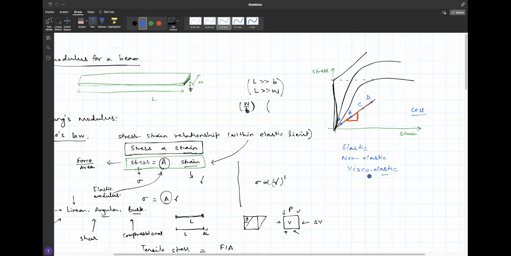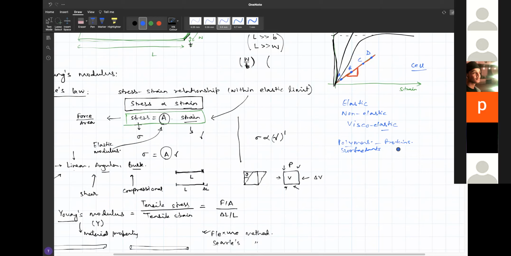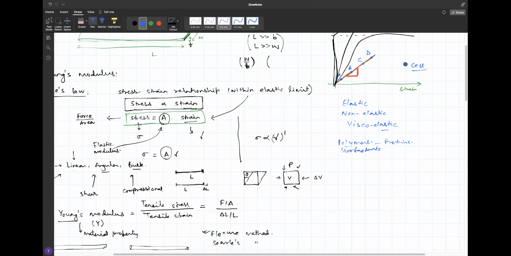So most of the soft materials include, for example, all the polymers, surfactants, and we are all made up of these materials. In our body, in the cell, we have polymers like proteins. So proteins are a kind of polymers, nucleotides are a kind of polymers, right? Like DNA, RNA, they are all polymers.